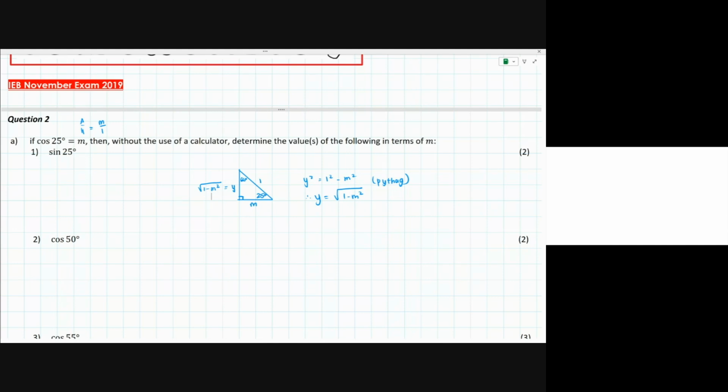Alrighty, guys. So now we have our triangle. That's beautiful. Now we can go and find our ratio. So 1 minute, find the ratio of sine 25 for me.